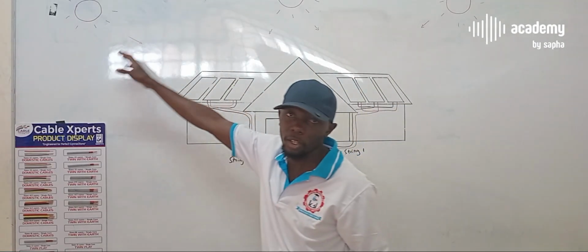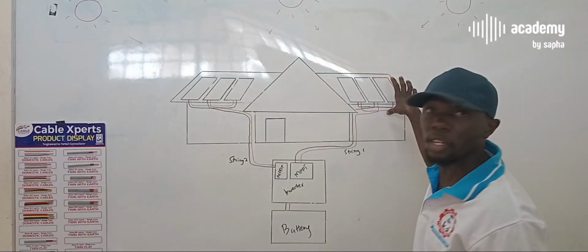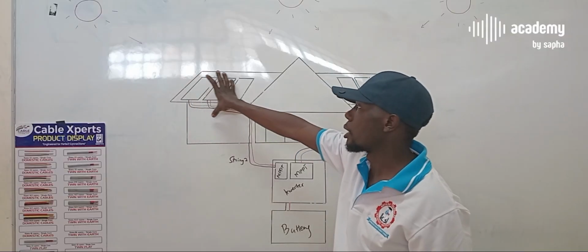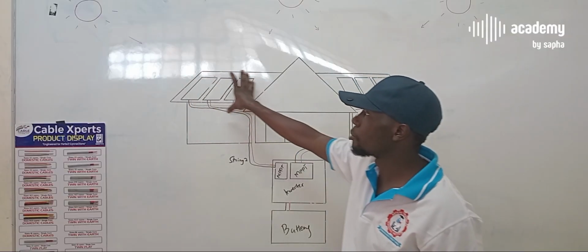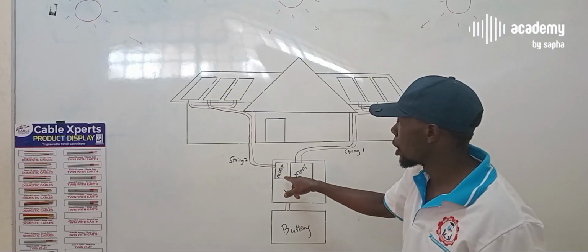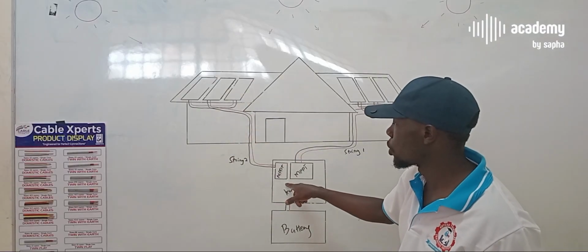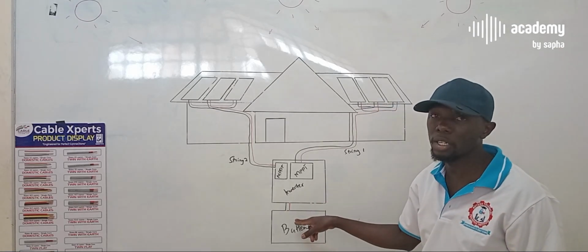During the afternoon, this side is not generating optimally, but this side is, so this MPPT is taking power from these panels and optimizing the entire input to ensure maximum power going into the batteries.